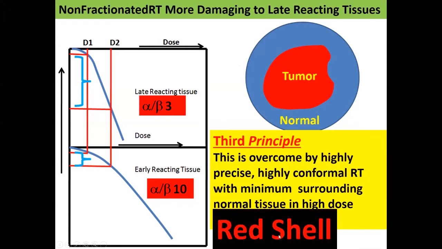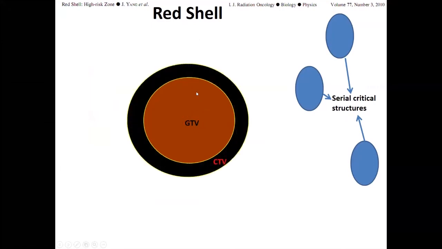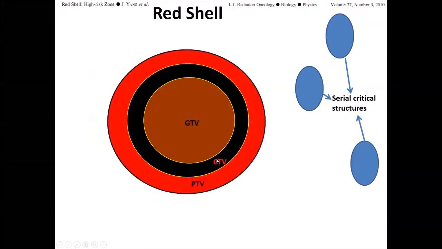So what is red shell? Red shell is the thickness or the volume of the normal tissue around the tumor which receives very high dose of radiation. So let us understand the concept of red shell. How do we define our target? We define our target with gross tumor volume. Then we take some margin for microscopic disease and we call it CTV. Then we give further margin for various uncertainties and we call it PTV. But you tell me, does PTV contain any tumor cell?